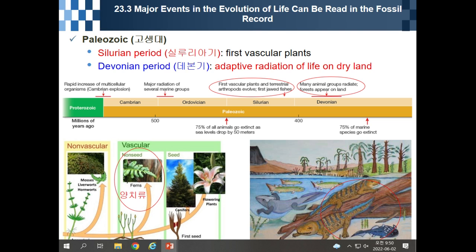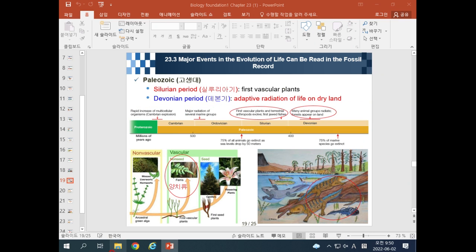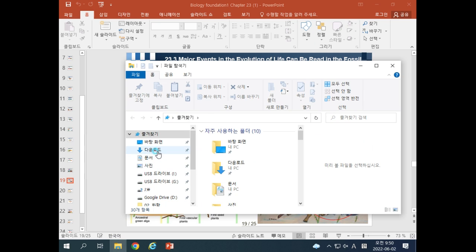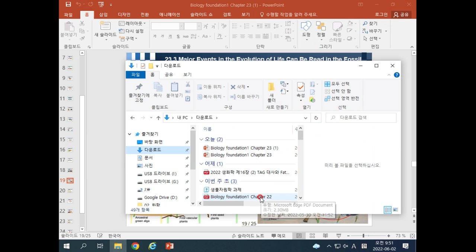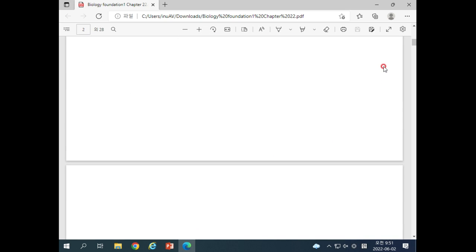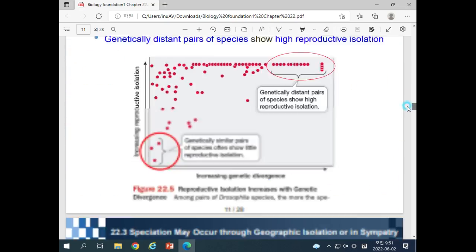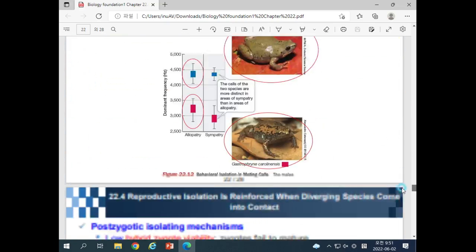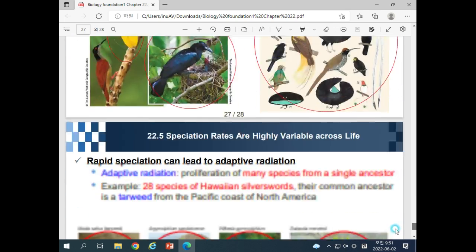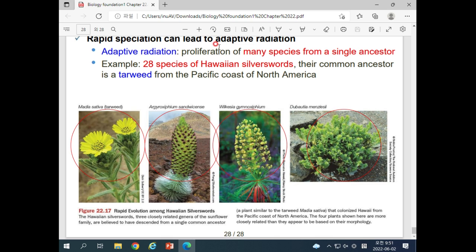Adaptive radiation. Previously we learned about adaptive radiation in Hawaii. Hawaii was formed by volcano. Initially there was no animals, no plant.